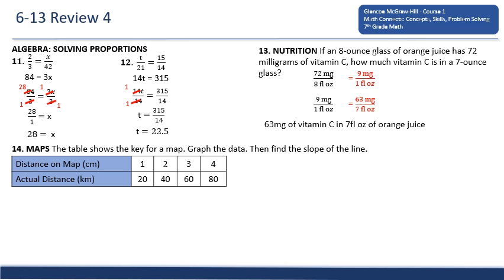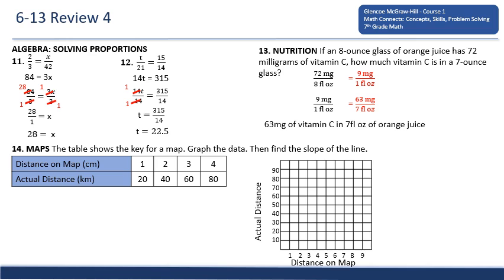Number 14, the table shows the key for a map. Graph the data, then find the slope of the line. So here's our graph. And notice the x-axis is the distance on a map, and the y-axis is the actual distance.